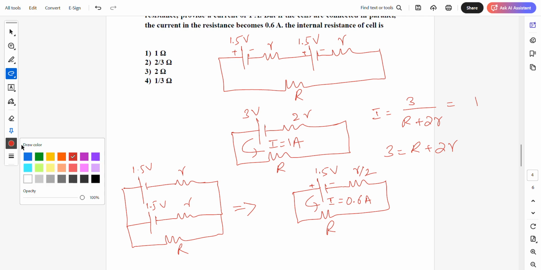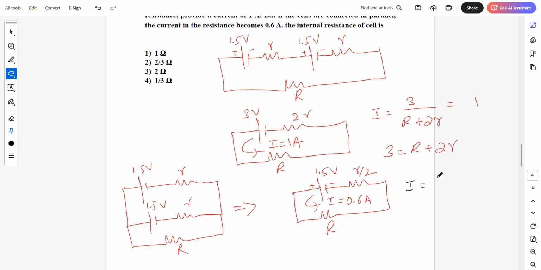So I can write this as again, I is equal to what in the second case? I is equal to 1.5 divided by, okay, total resistance R plus R by 2. R plus R by 2, that is equal to how much is the current they are given? 0.6. Therefore, I can write this as 1.5 is equal to 0.6 into R plus R by 2. Right?